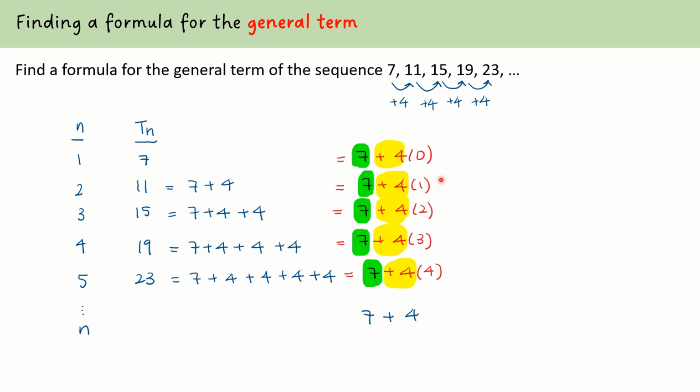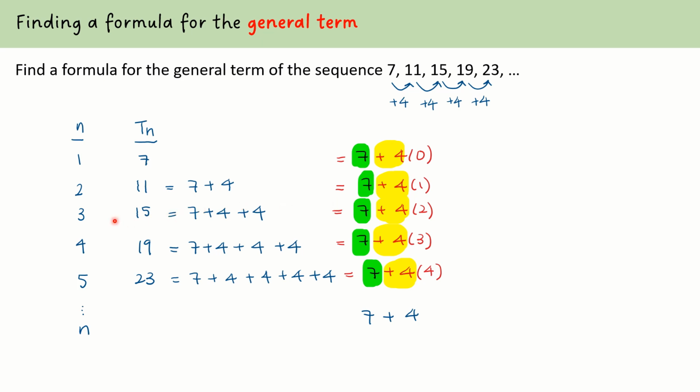Now I want us to observe this. For the number 0 over here, how does it relate to the term number? Our term number is 1 over here, and the number in the bracket is 0. In our second term, we have term number 2, and the number in the bracket is 1.